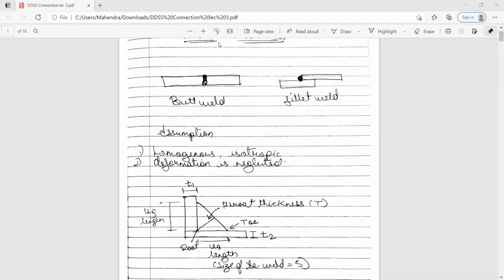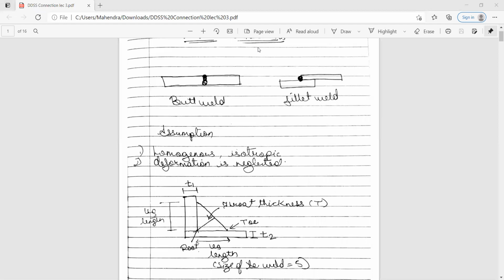Ma'am, can you explain which type of deformation is neglected? Deformation is neglected, meaning in the assumption. Yes, in any type of welding, whether it is a butt weld or fillet weld, we are not going to consider any type of deformation. Deformation is totally neglected in both types of welding.